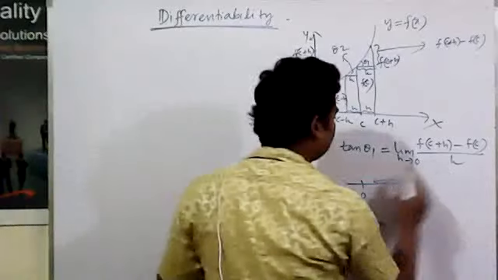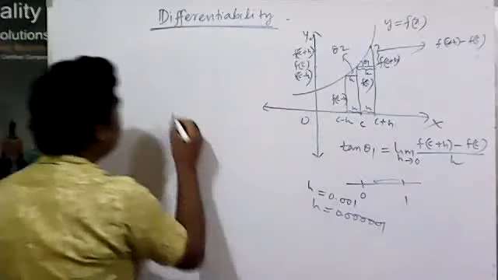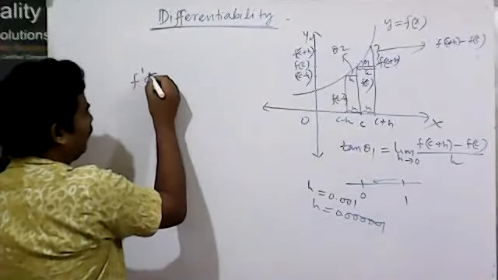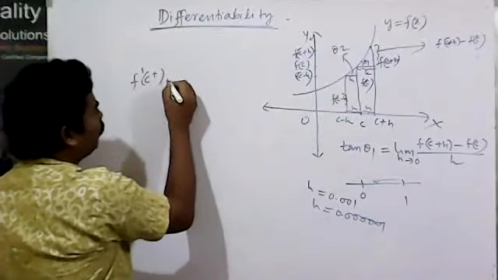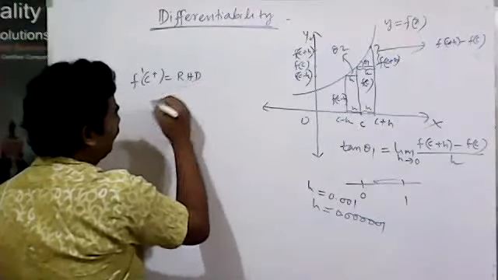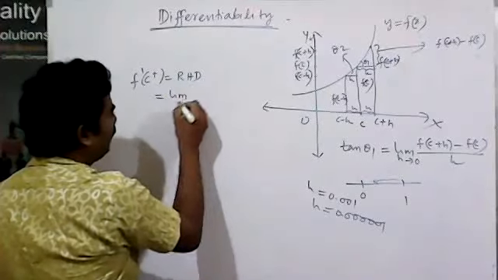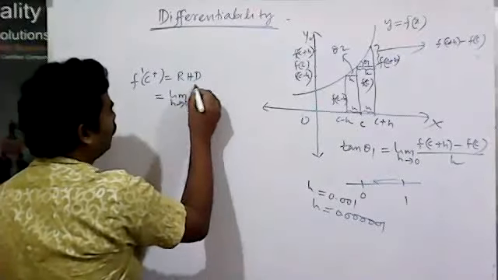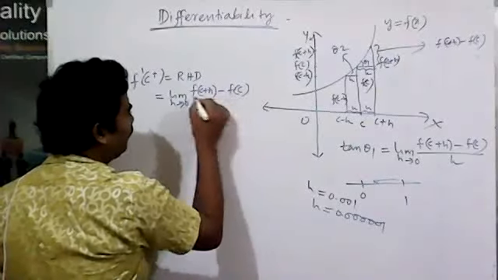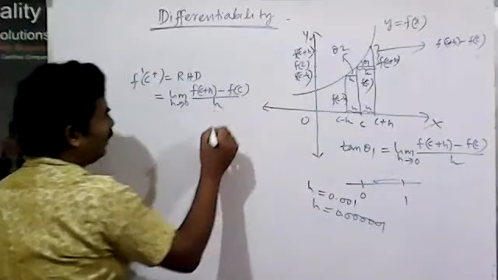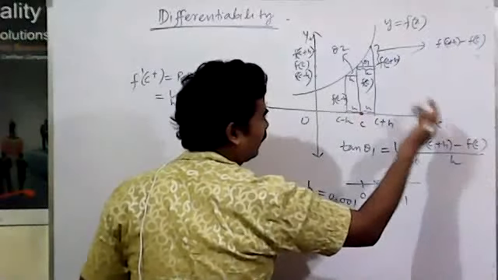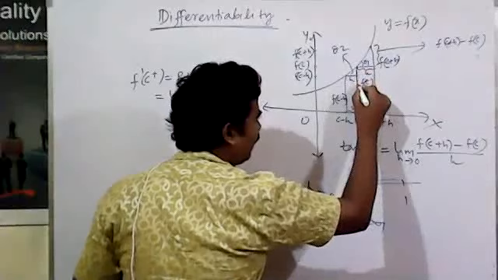That is actually called f dash c plus, which is equal to RHD, equal to limit h tends to 0 of f(c plus h) minus f(c) divided by h. Why is it RHD? Because this point is on the right side, so that is the right side derivative.